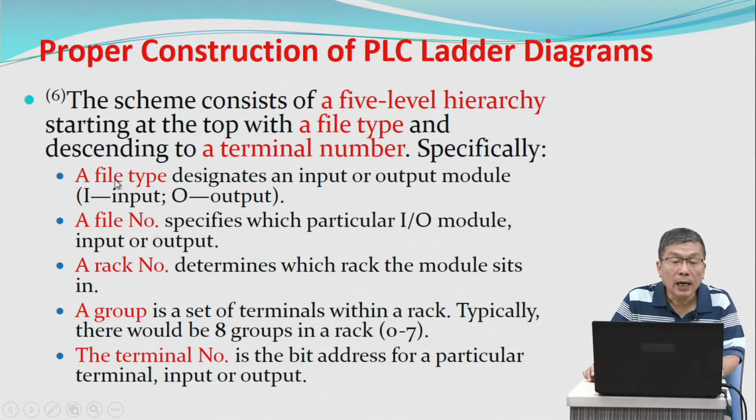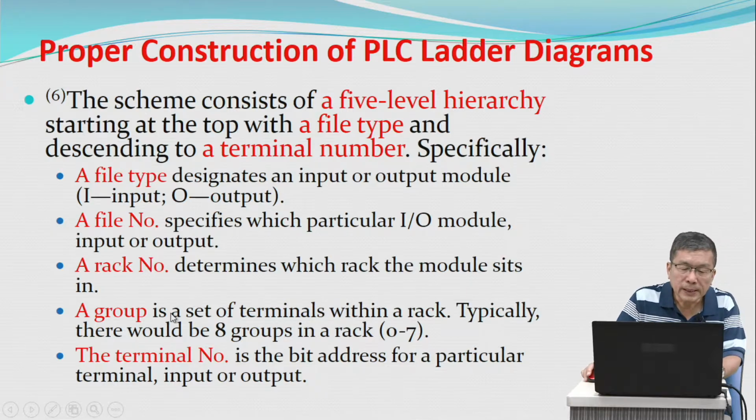Specifically, a file type designates an input or output module, I for input, O for output. A file number specifies which particular I/O module, input or output. A rack number determines which rack the module sits in.